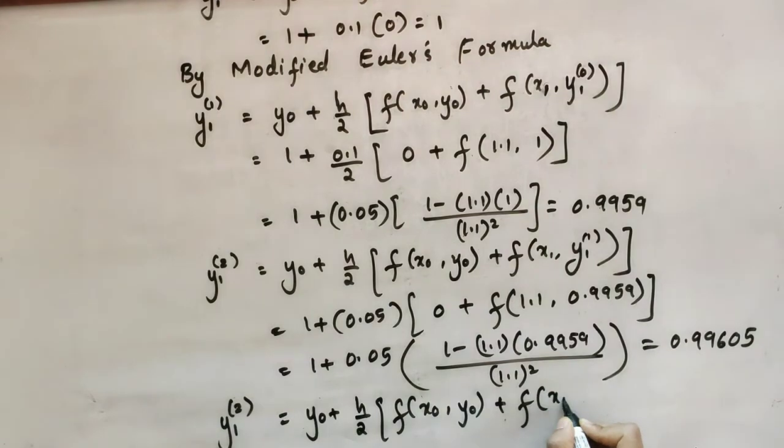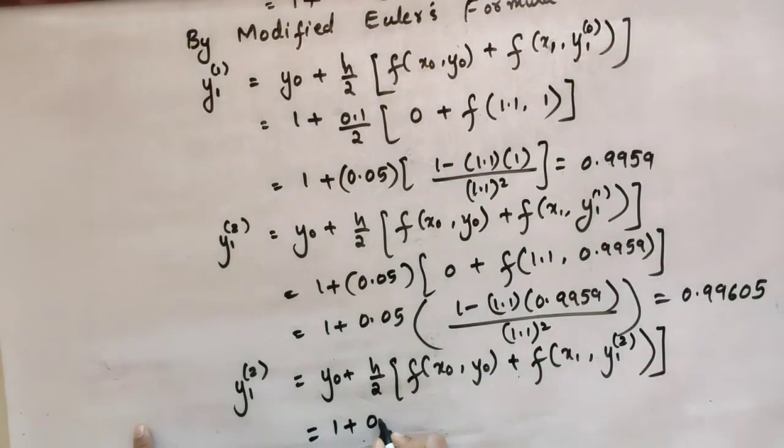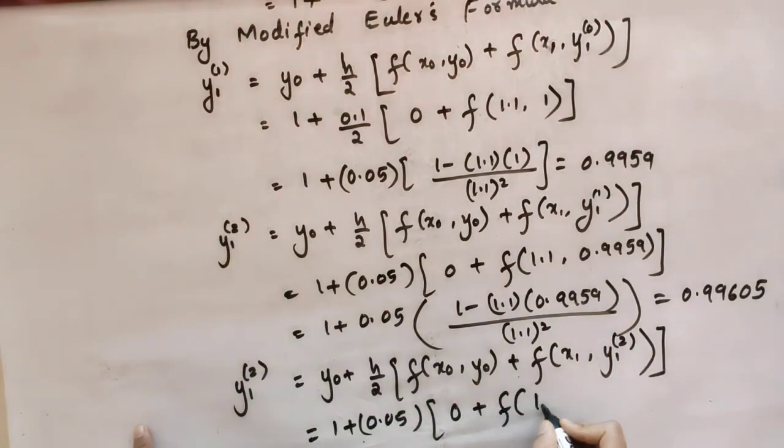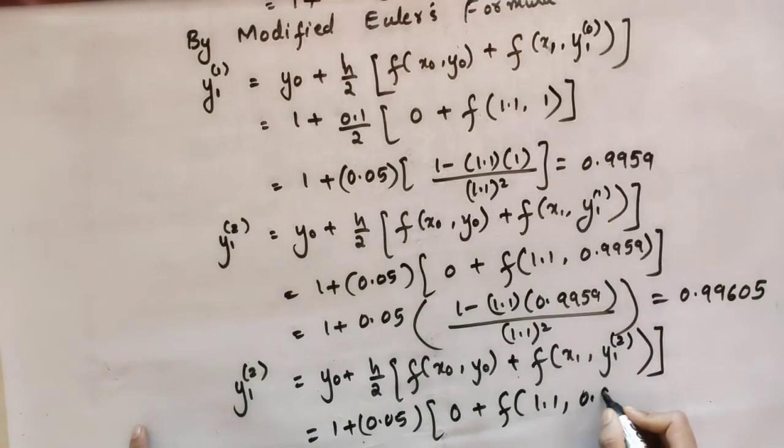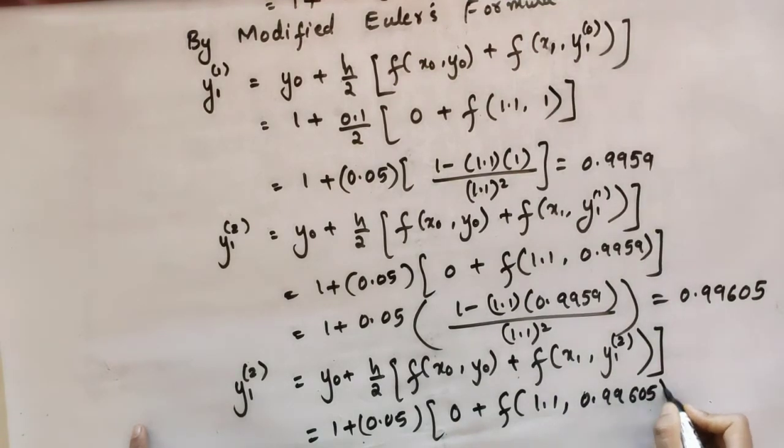For 2 consecutive steps, the decimal place values should match. Use the formula again and simplify it. So y0 is 1, 0.05 here, 0 plus f of 1.1 comma, the recent value 0.99605.